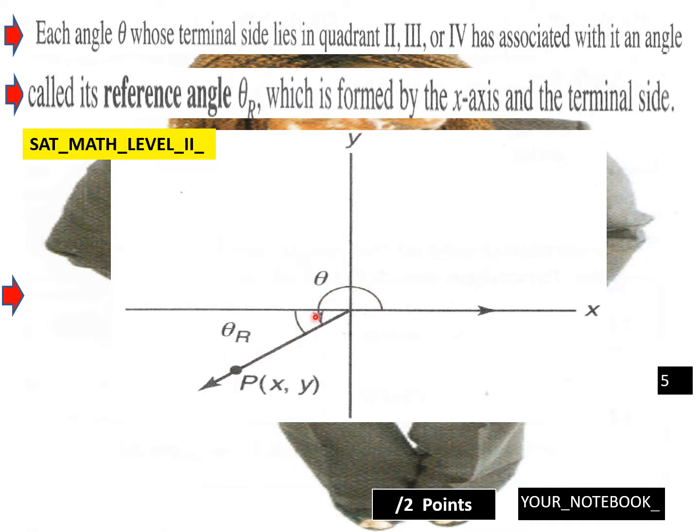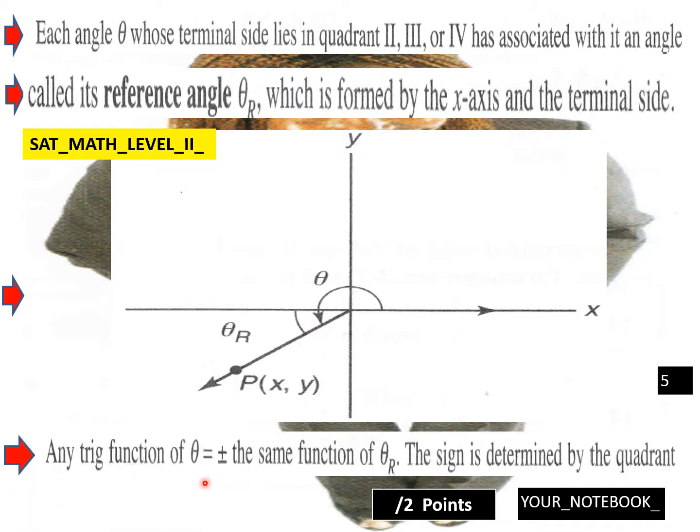Here's theta here, and the reference angle will be theta r. This will be theta r, which is your reference angle, from your x-axis to the terminal side. Theta would just start from the initial side and go like this, whereas this is your reference angle. There are two different angles in this situation.